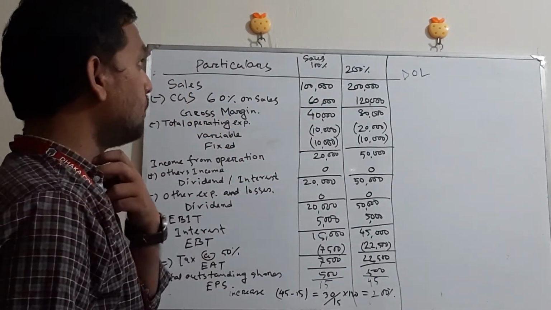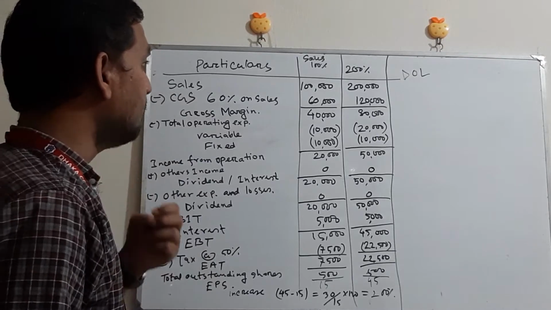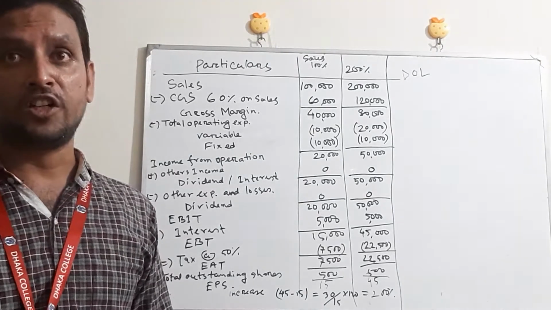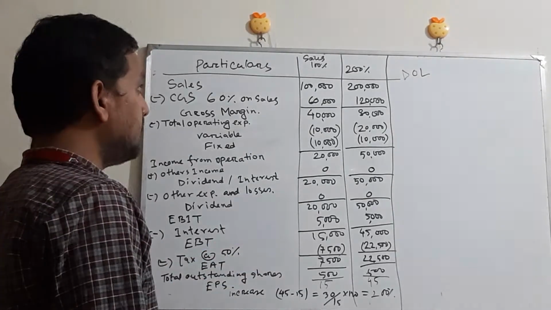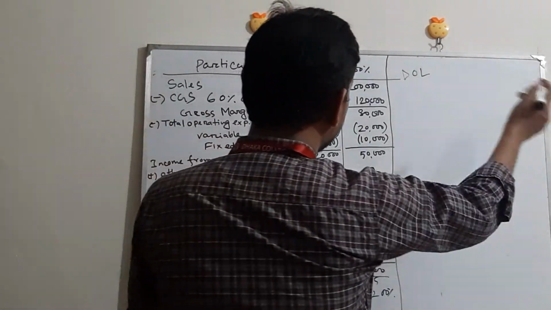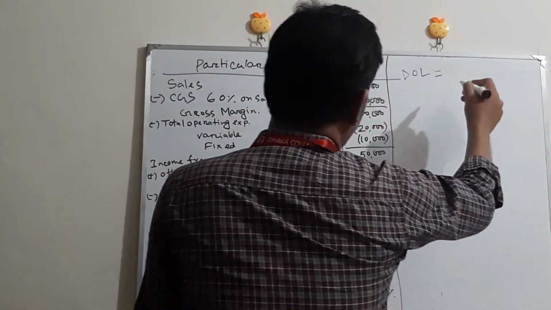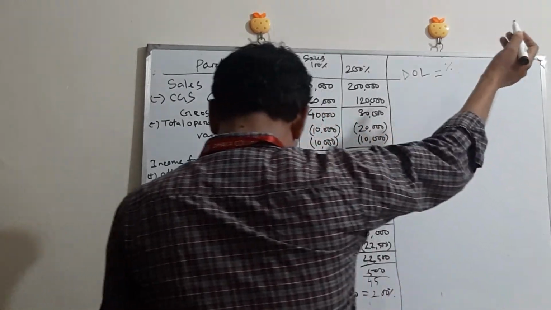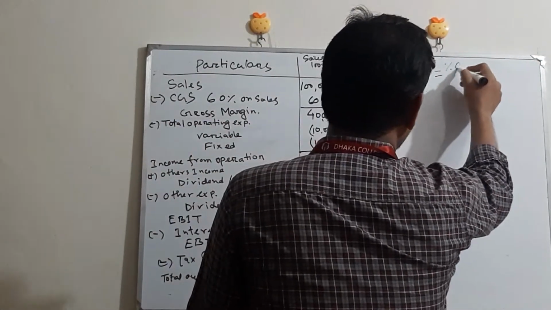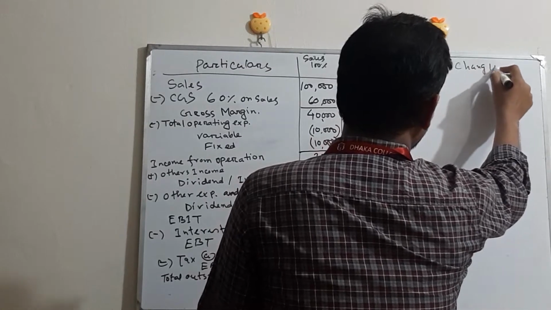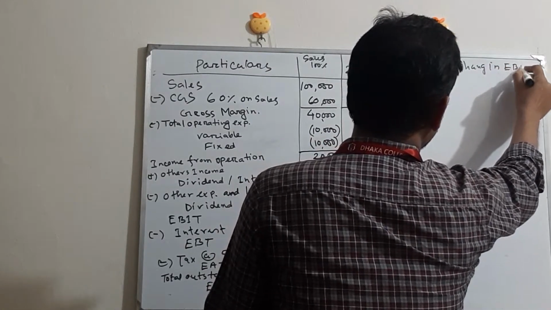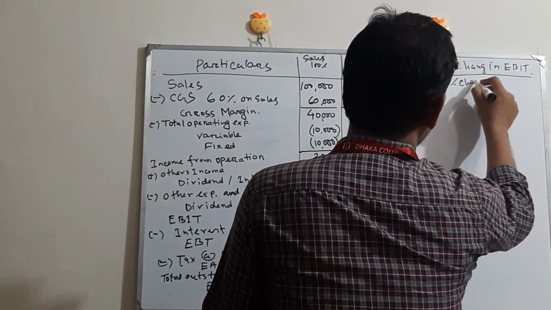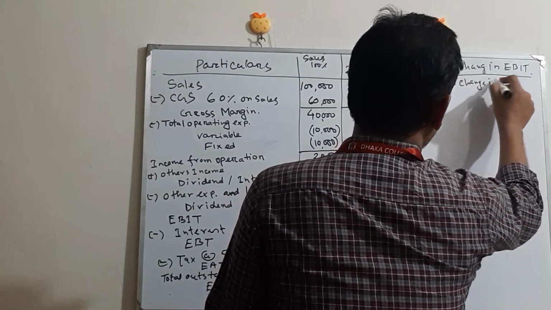We have already solved the maths, which is operating leverage and which is financial leverage. So here DOL, degree of operating leverage, is percent change in EBIT divided by percent change in sales.